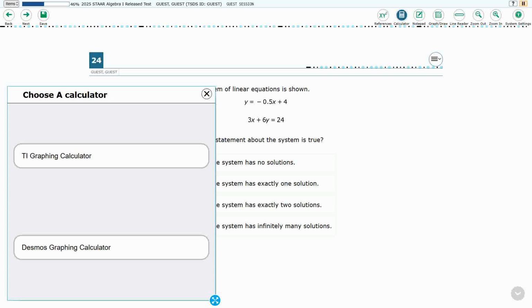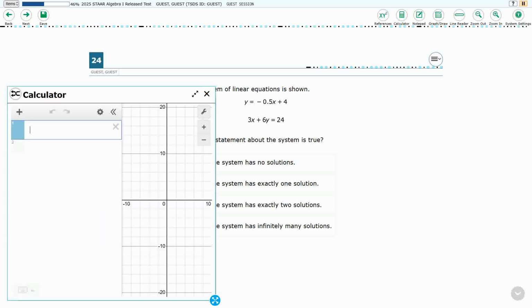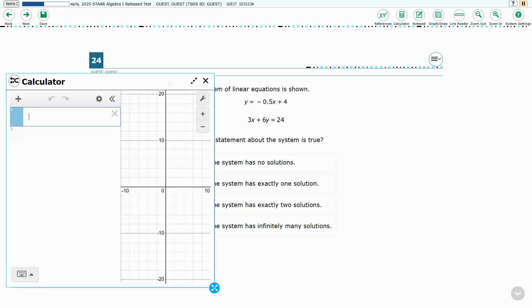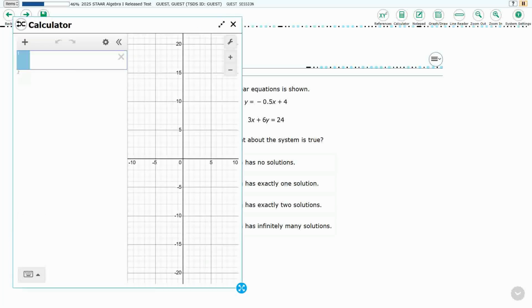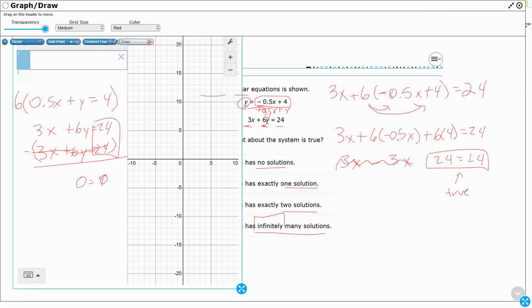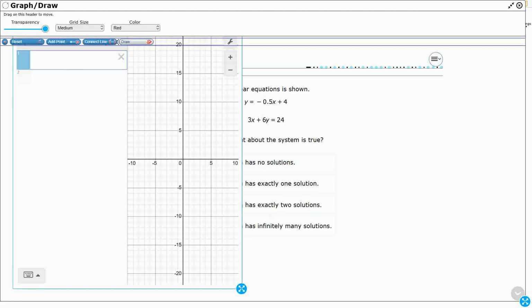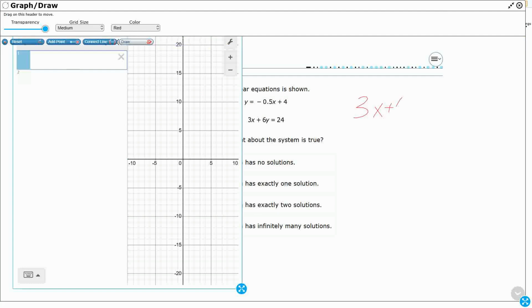Now, the only thing that we need to keep in mind is that you can't graph the standard form. We need to go ahead and put that into slope-intercept form. And so if we wanted to do that, let's go ahead and do this. 3x plus 6y equals 24. We're going to subtract 3x from both sides.